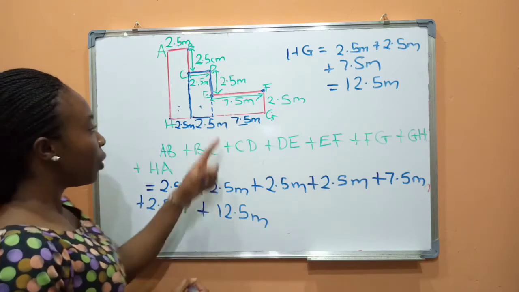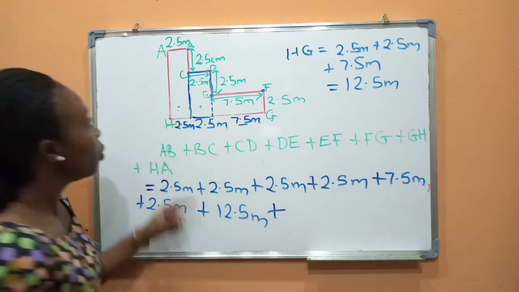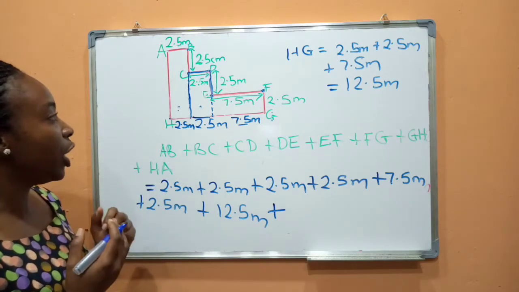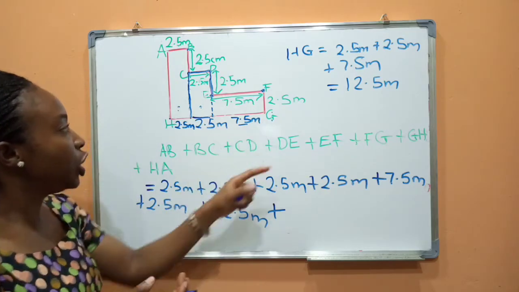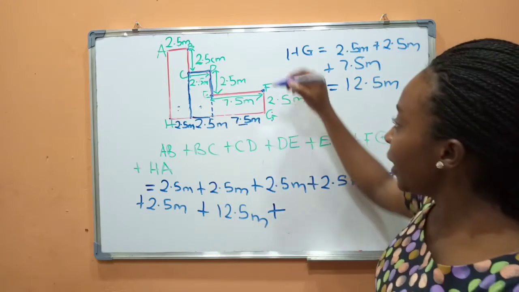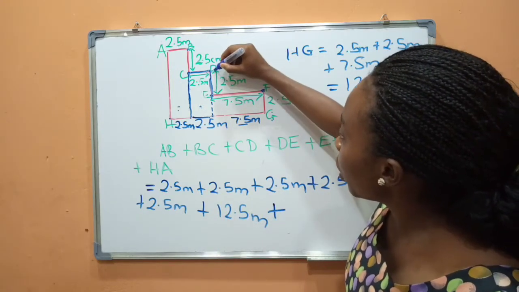So now that we have HG is 12.5 meters, we're going to have plus what is HA. Now, in finding HA, we are going to do a similar thing we did for HG. Here's what we are going to do. Now, if you take a look at this place, you can have a regular shape, okay? So we are going to do this.